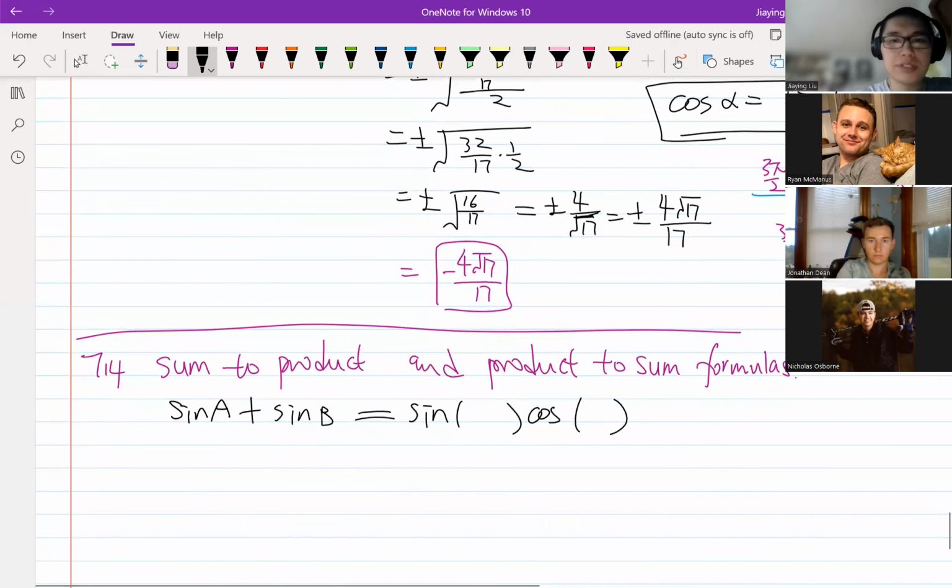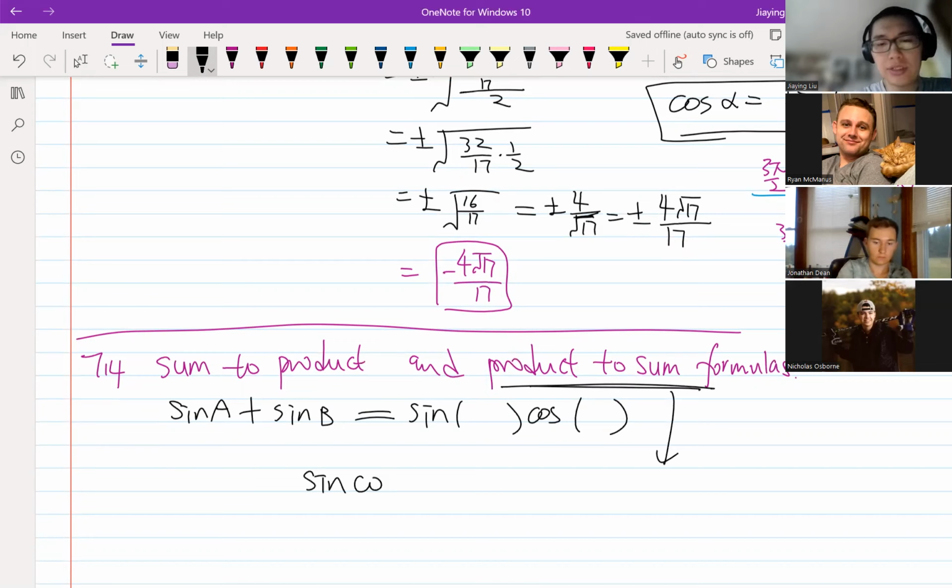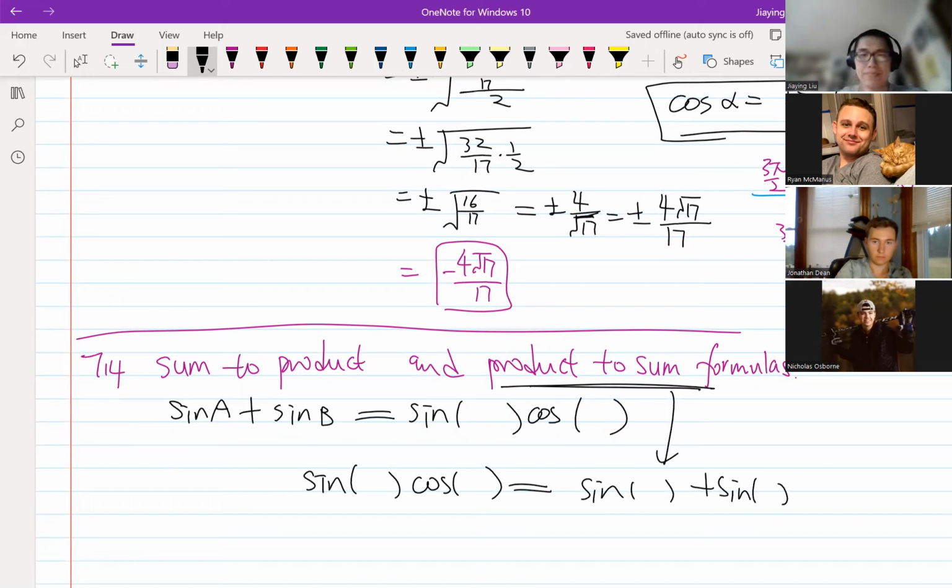And the product to sum formula is, let's say we have sine and cosine, and we want to write it as sine of one angle plus sine of another angle. That's the product to sum formula. We're going to look at mostly that part.